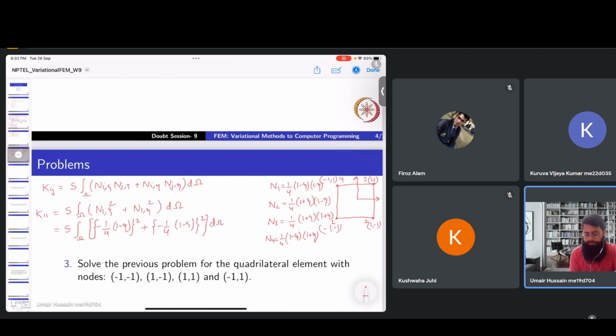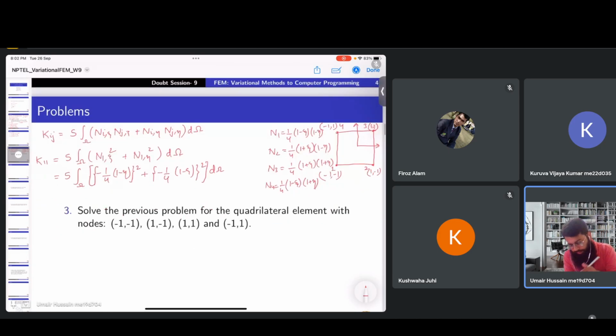This we can do using Gauss quadrature, because now our domain is the master domain where we can apply the Gauss quadrature rule for 2D. So we can just use the formula: 5 into 4 into the value of the function at 0 comma 0.